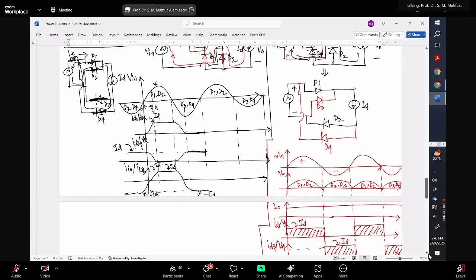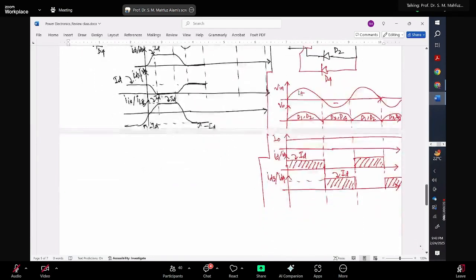So now, when you have a full wave rectifier without the source inductance, what was the average value of this waveform? What was the V naught? It was twice Vm over pi, right?